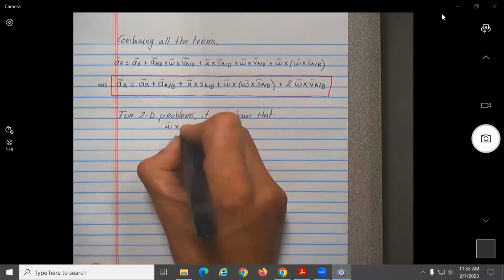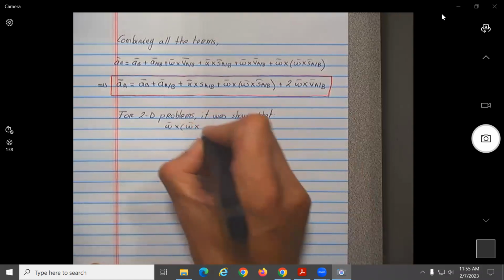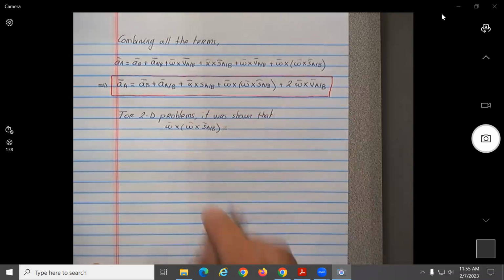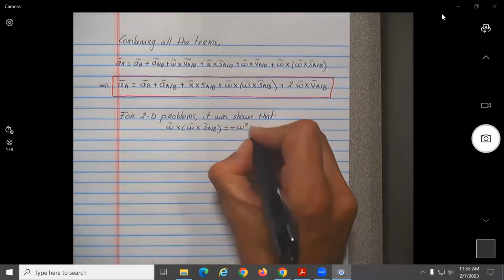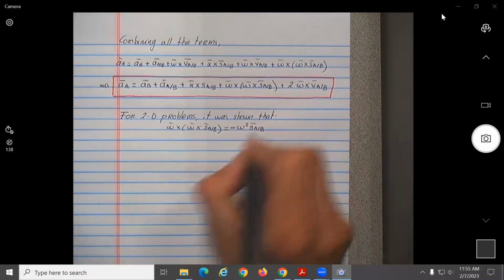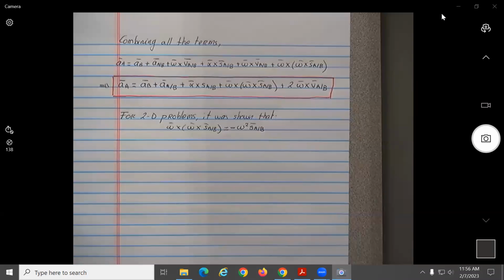What is this one here? What is the missing term that you are familiar with? We did that derivation. If you look at your class notes, we did that. Omega cross omega cross S_AB should be equal to minus omega squared S of A with respect to B. If you remember, go back to the notes, no? But we're not going to redo it.